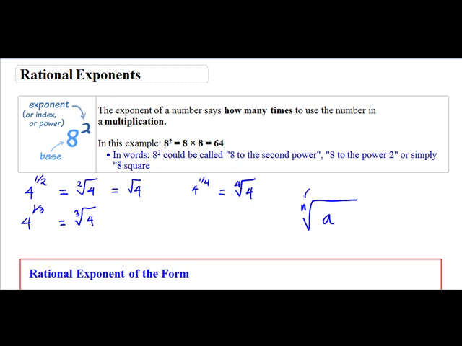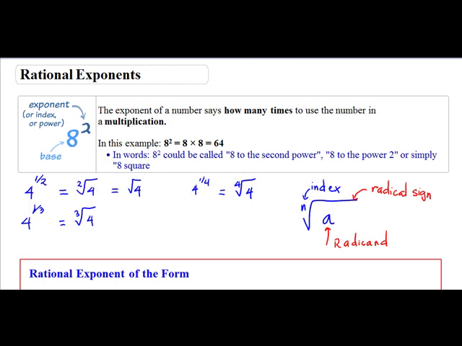This is the index, and this is the radical symbol, a radical sign. And the a inside here is called the radicand. So you're observing that the denominator is actually your index.